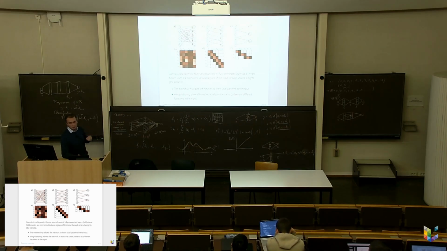So you share the parameters. Effectively here, the number of parameters is not 6 by 6 as in a fully connected layer, it's only 3. So we've reduced by quite a lot the number of parameters.